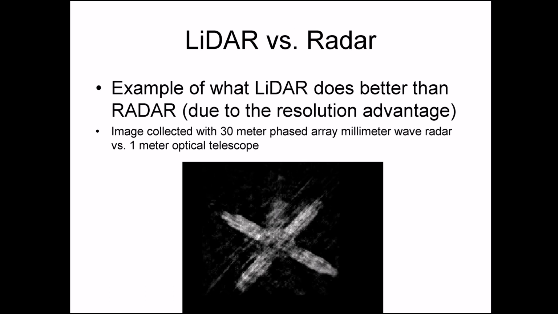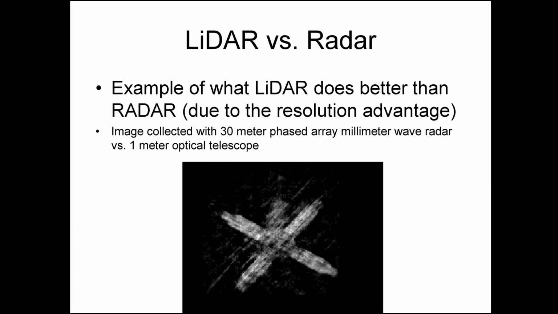However, at optical wavelengths, small changes in path length due to the light passing through the atmosphere cause optical aberrations and must be compensated for if you're going to form a clean, sharp image of this satellite from a 1 meter diameter telescope.